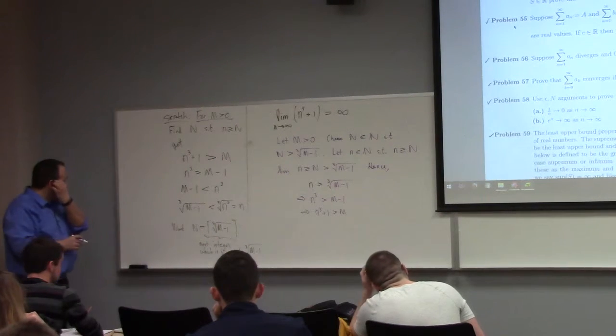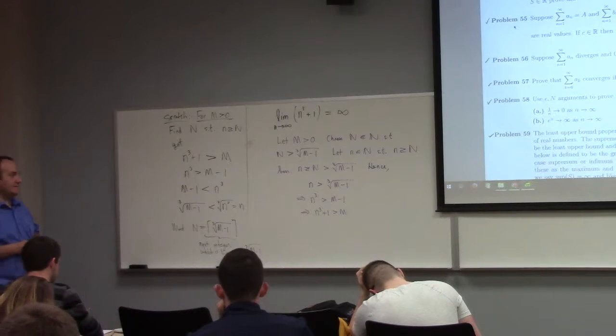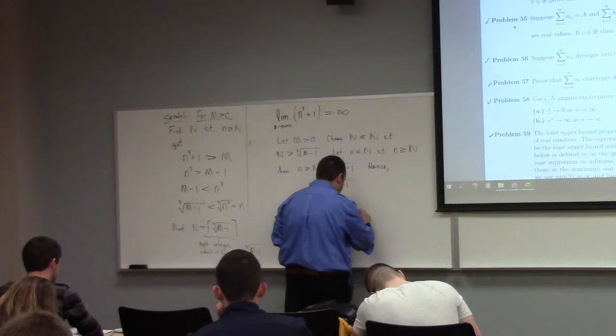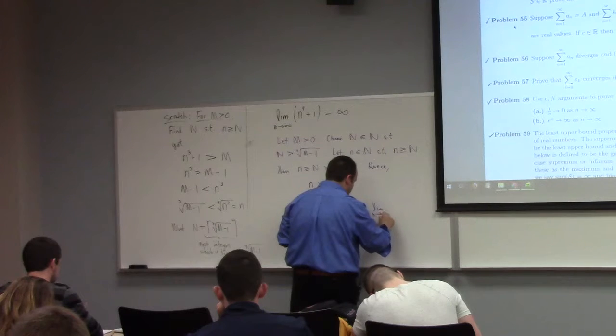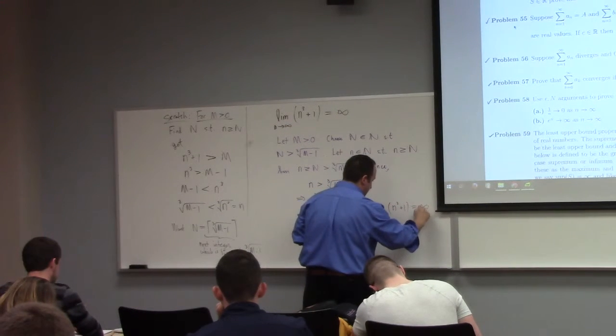So what I've shown is that any little n beyond the big N makes the values of this sequence larger than m. But since m is arbitrary, this proves by the definition of infinite limit that the limit is as advertised. So therefore, the limit as n goes to infinity of n cubed plus 1 equals infinity.